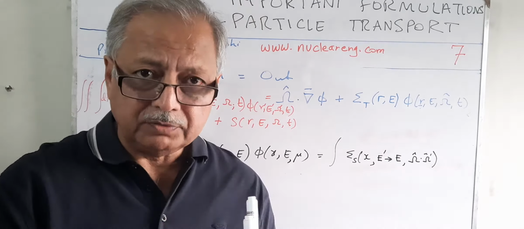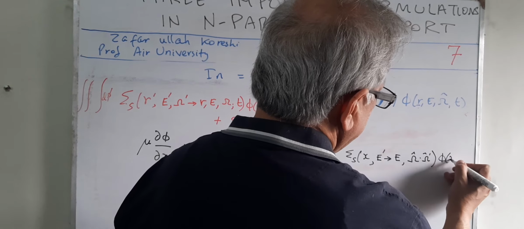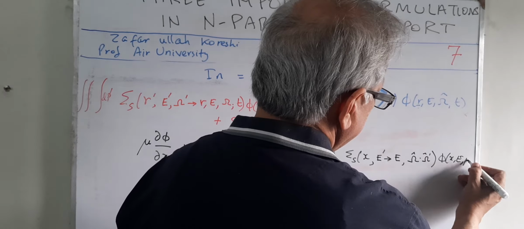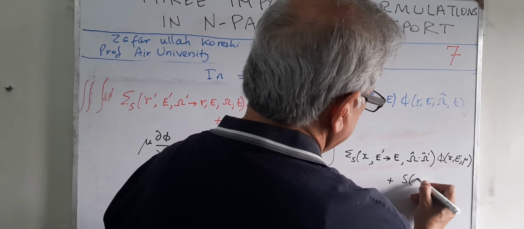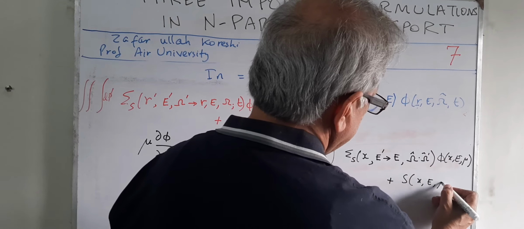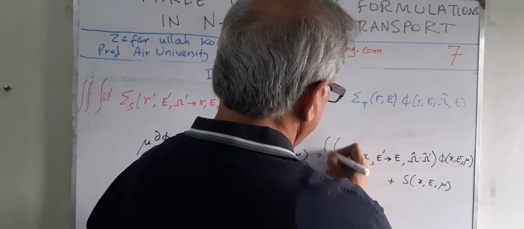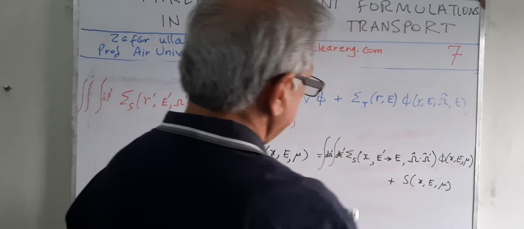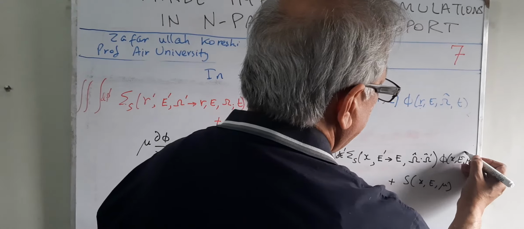It depends on the dot product between the two angles. So this multiplied by phi x e mu over here plus a direct source, and this would be d e prime and d omega prime. Okay, so let's put an e prime over here.